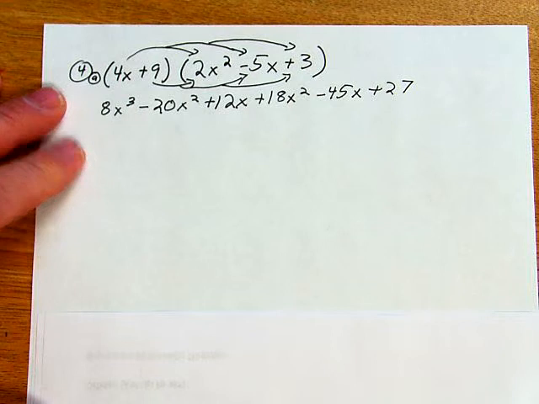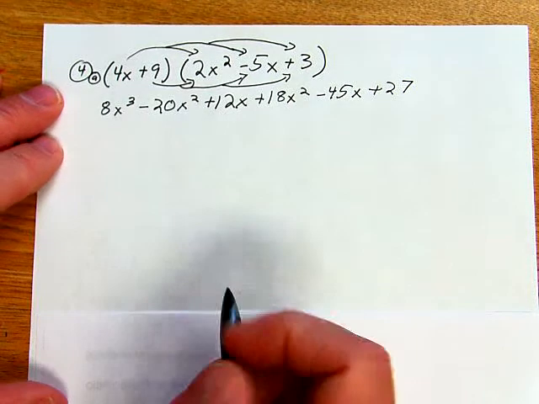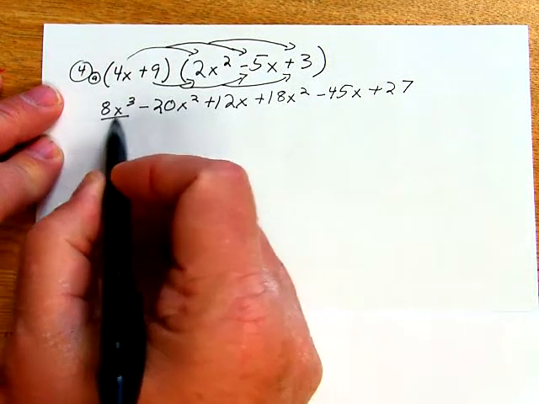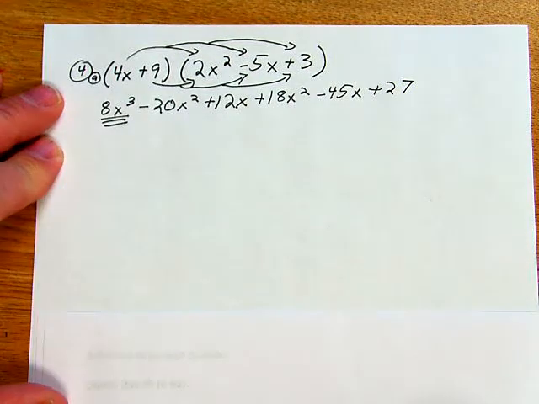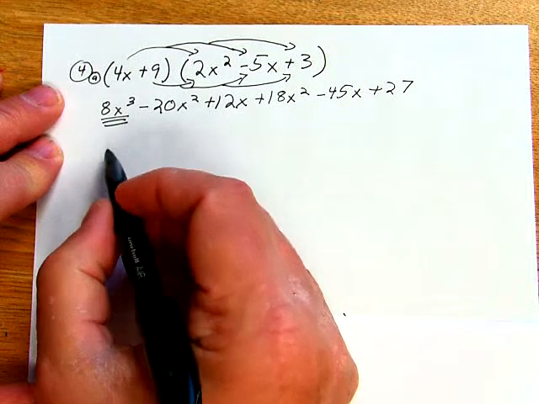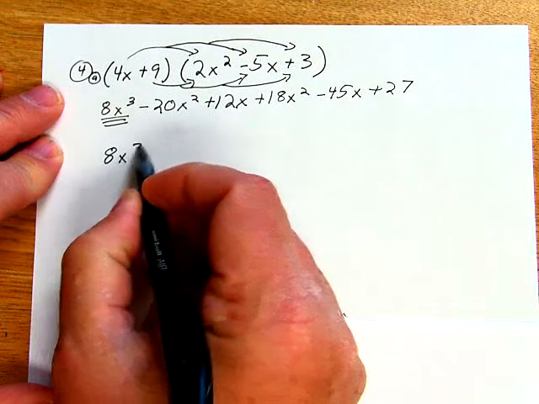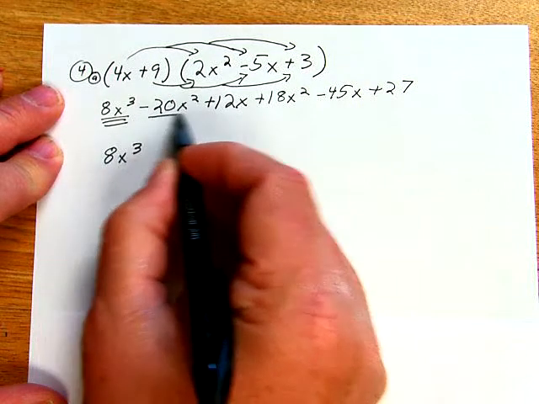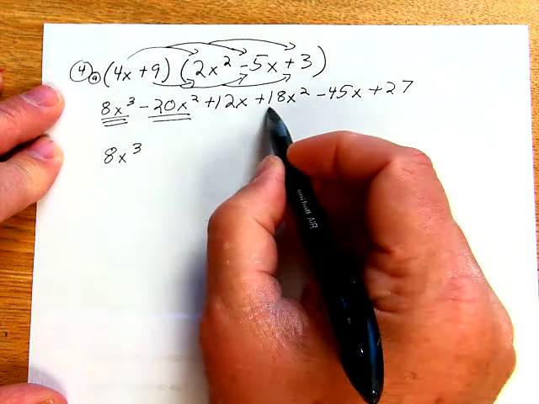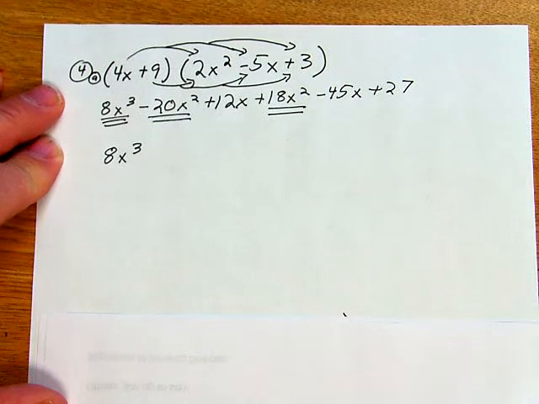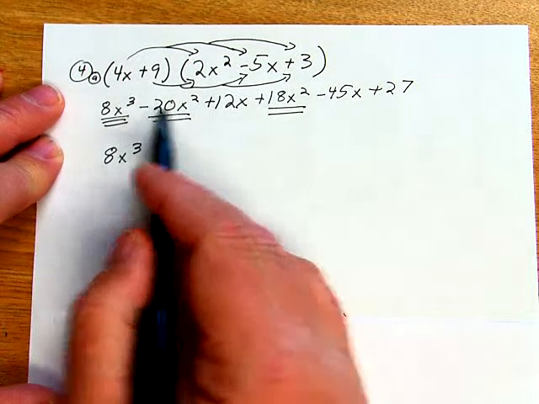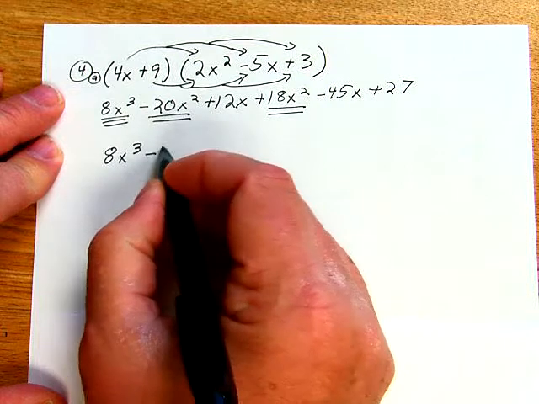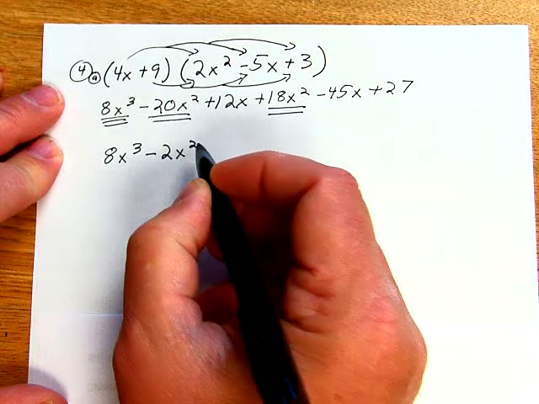Now I need to combine like terms. I notice that there's only one x cubed term, so I'm just going to carry it down. Now let's look at all my x squared terms. I'll draw them with 2 underlines. There's two of them, so I get negative 20 plus 18, which gives me negative 2x squared.